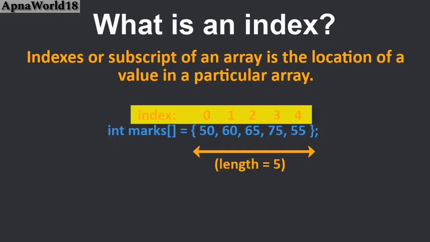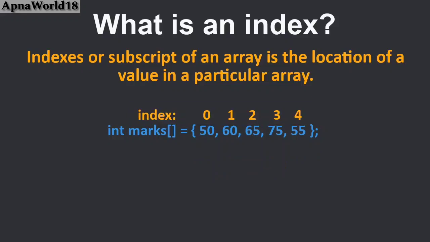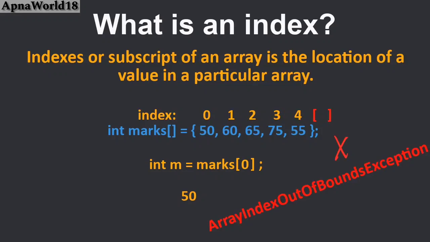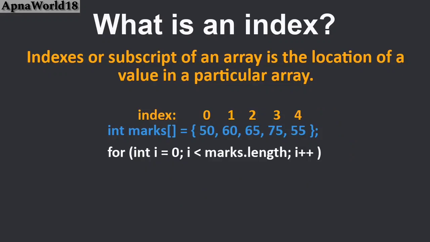We use indexes to access each element of the array. So when we give mark 0 equal to 50, then it will give 50. Also, if you try to access a member beyond the array size, it will give array index out of bound exception.